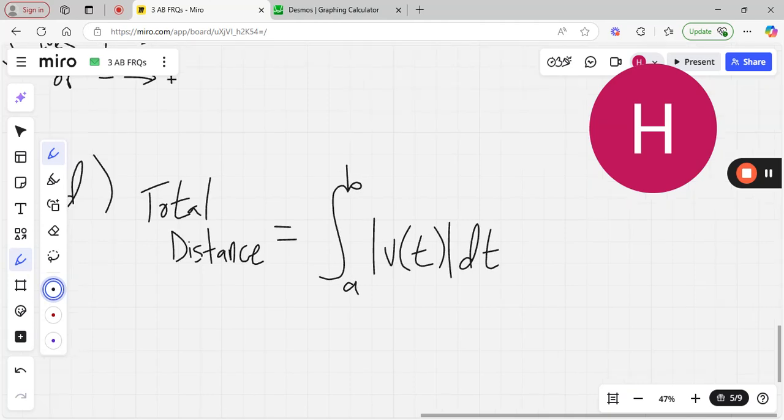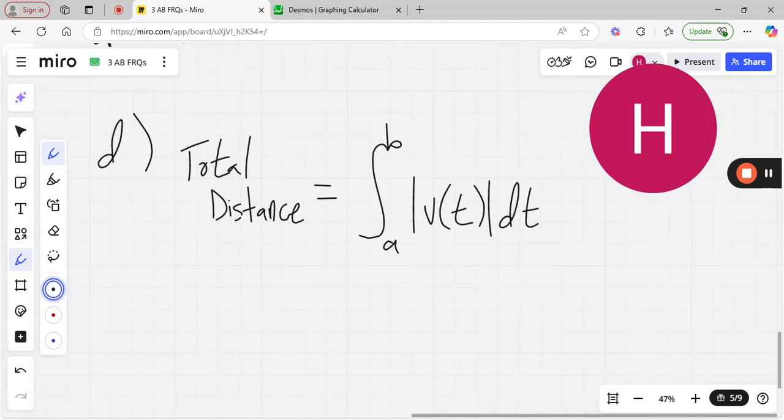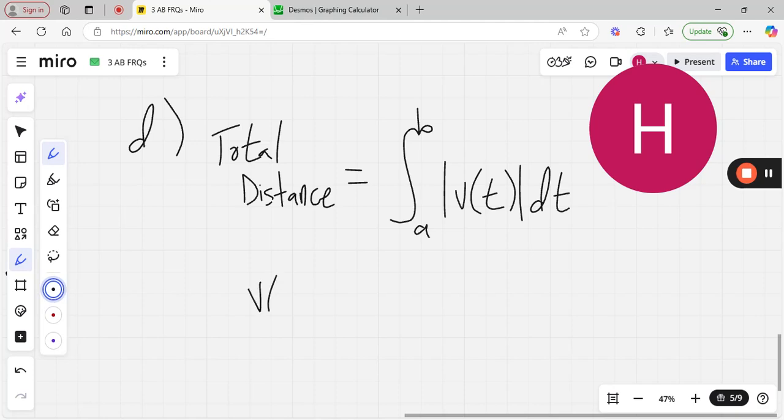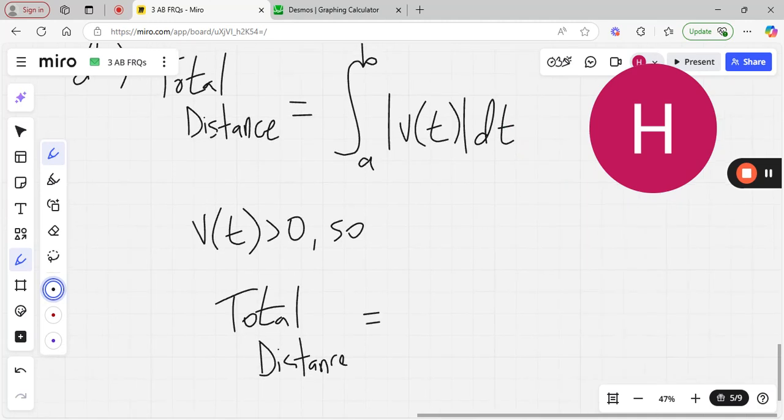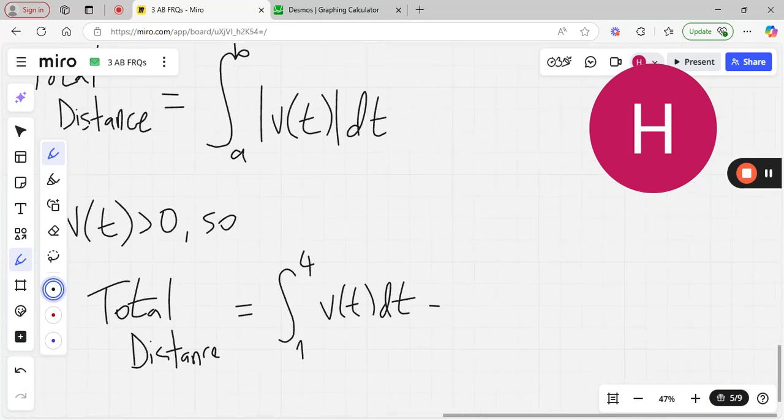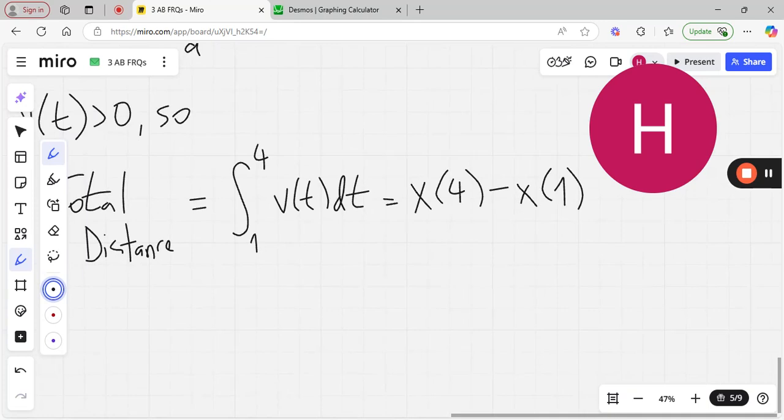So we're going to do that, but fortunately, we found out that v of t is always positive. So the total distance in this case is just the integral from 1 to 4 of v of t dt, which is simply x of 4 minus x of 1, and we already know that x of 1 is 10.